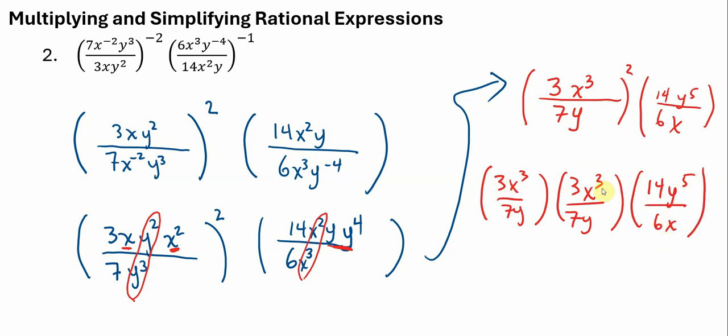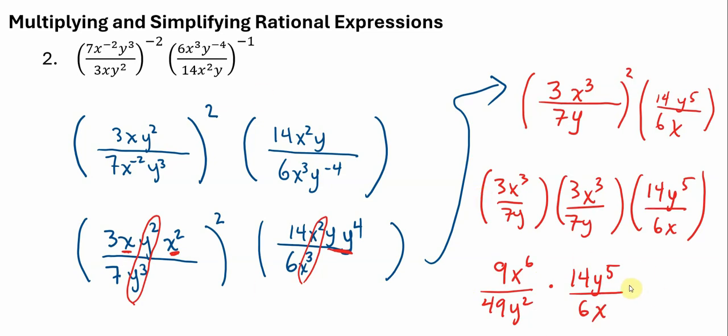When we multiply this across, it's going to give us 9x to the 6 over 49y squared times 14y to the fifth over 6x.